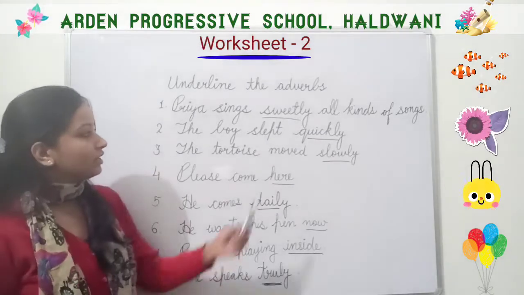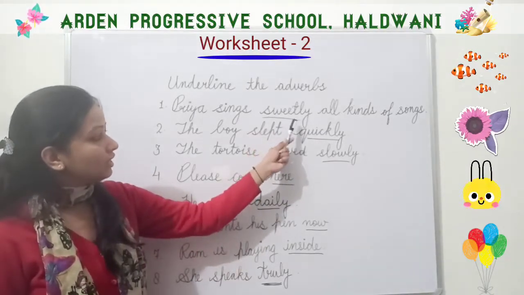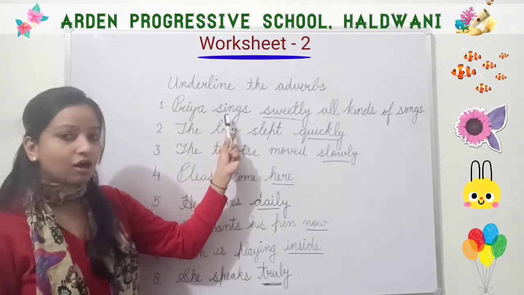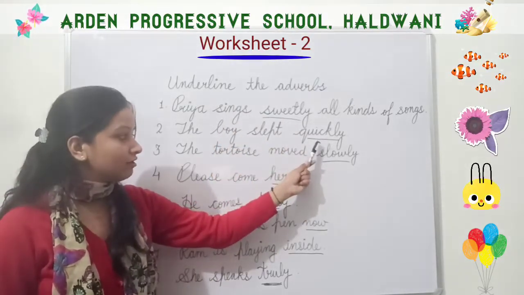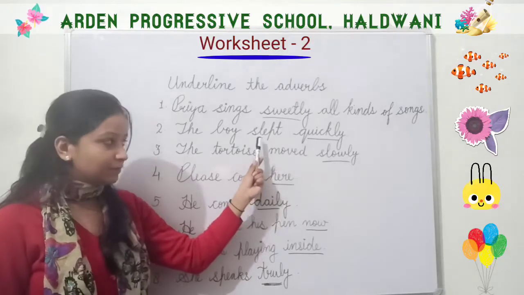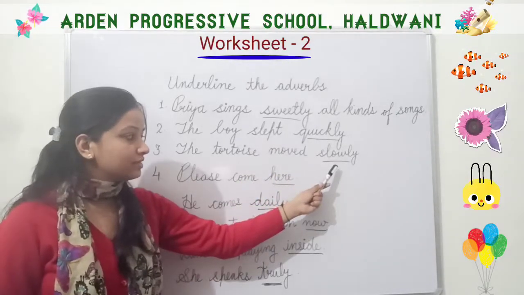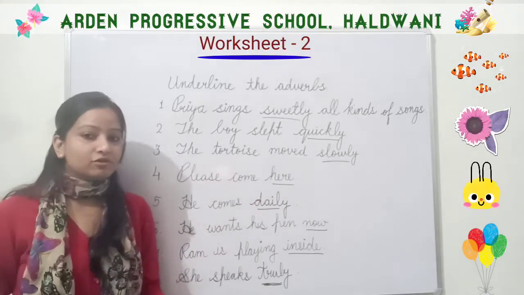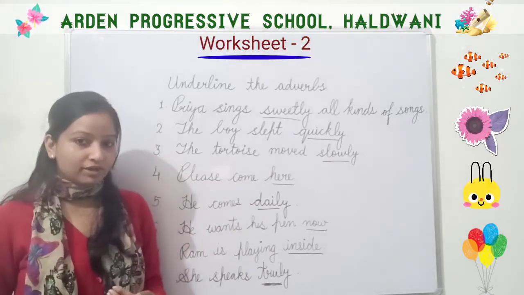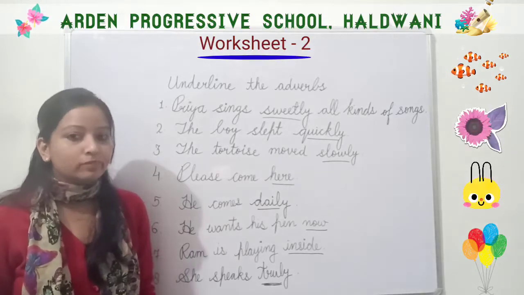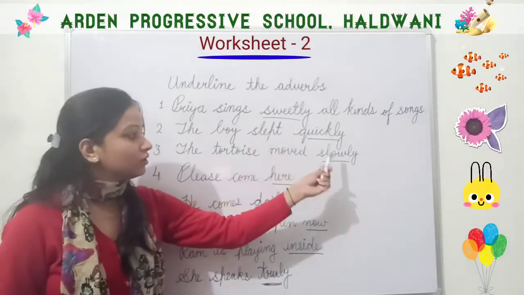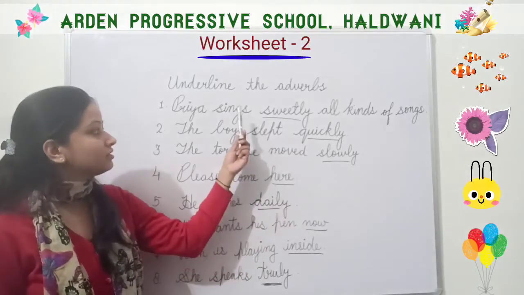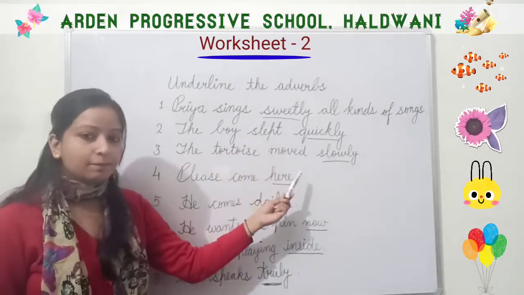You can easily see that sweetly is modifying the verb sings, quickly is modifying the verb slept, and slowly is modifying the verb moved. We know that adverbs give extra information about the verbs, so these three words give extra information about the verbs sings, slept and moved.